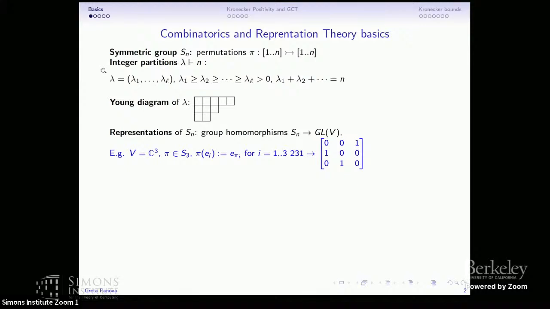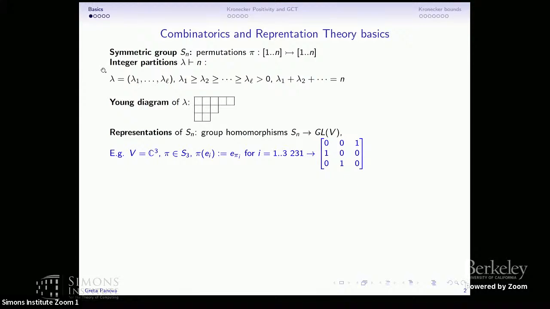And one classical way of representing is the permutation matrix. So for example, this permutation 2, 3, 1 would go to this permutation matrix. So this is a representation.